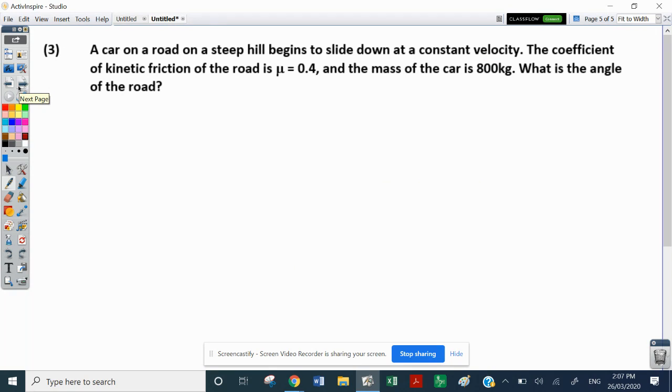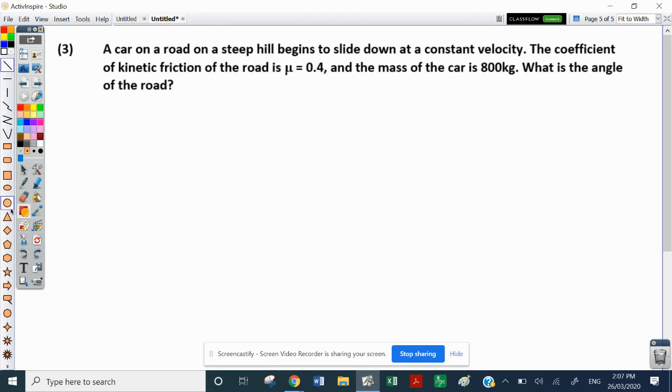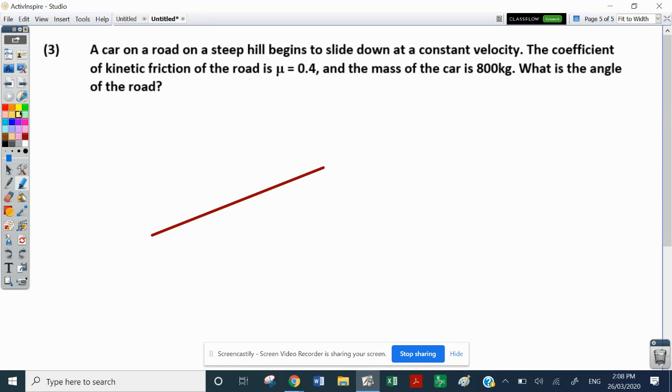A car on the road of a steep hill, so let's give ourselves a steep hill, is sliding down at a constant velocity. Now, that phrase constant velocity is quite important here because it's going to tell us that there is no net force on this object. So here's our car, and it's sliding down this hill.